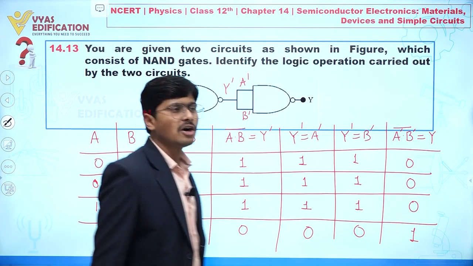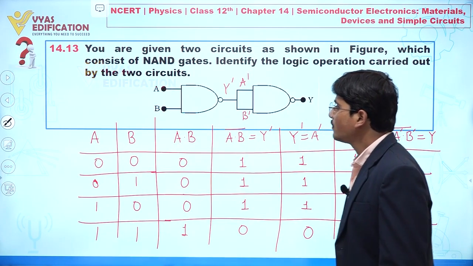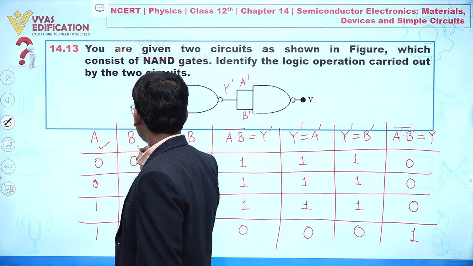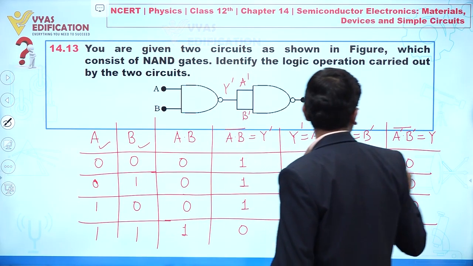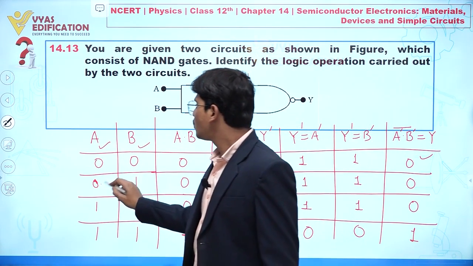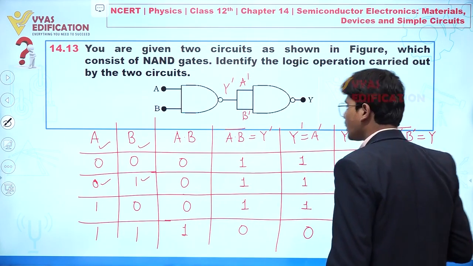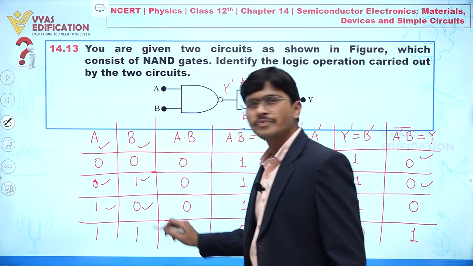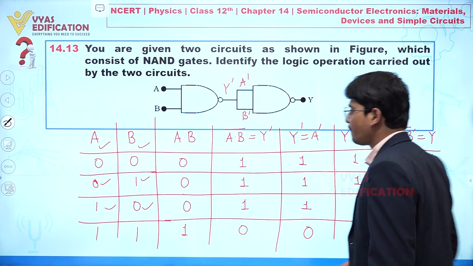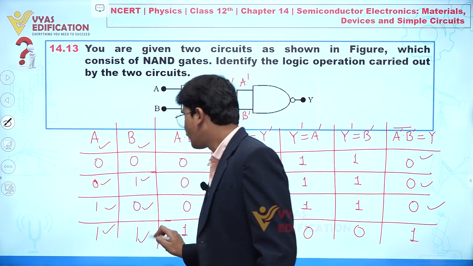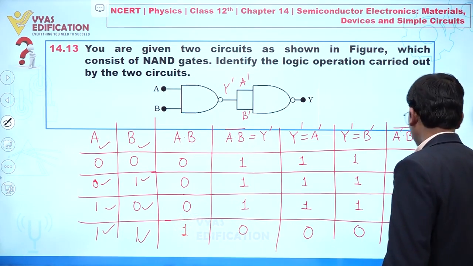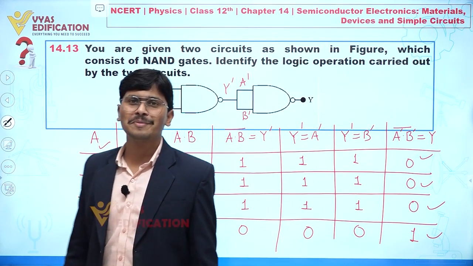Now concentrate on the input and output part. Clear? In the input we have 0 and 0, and we are getting output 0. Clear? 0 1 we are getting 0. Clear? 1 0, we are getting 0. Clear? We have 1 and 1 and we are getting 1. It means this is just like the truth table of an AND gate.